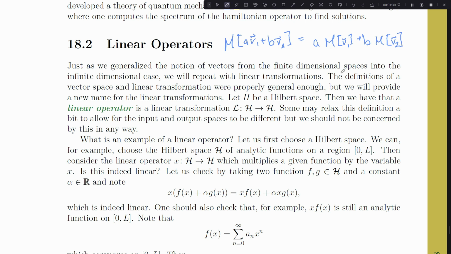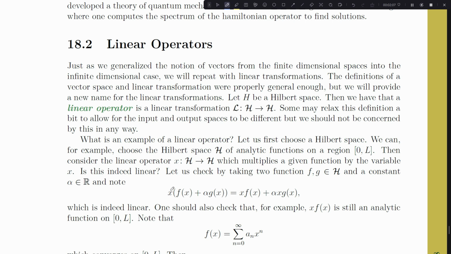With linear operators, the linear part is the same situation: a linear operator on a linear combination of functions, a f plus b g, is a times L of f, plus b times L of g. That's what it means for an operator, this thing L that's like a matrix in infinite dimensions, to truly be linear. And let's look at some examples of this.